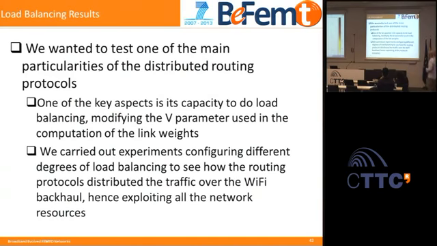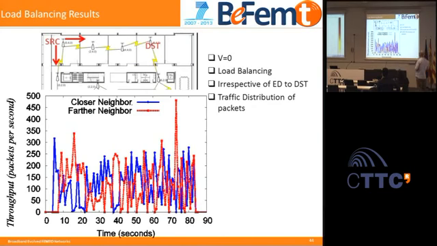Another key aspect that we wanted to evaluate was the degree of load balancing of the routing protocol. We performed different experiments with different B parameters. In fact, we go to the extreme cases. We have here the extreme case in which there are no routing decisions taken by the penalty function, B is equal to 0. Decisions are just taken using queue backlog information.